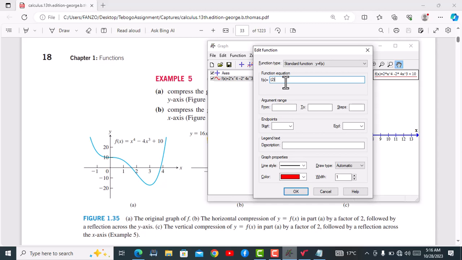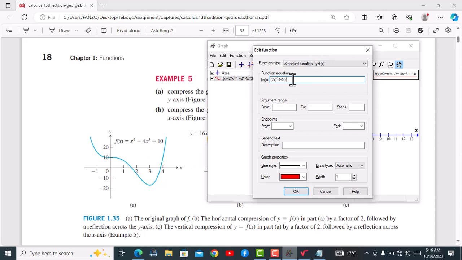So I'm going to have 2x to the exponent of 4, and then I will have my minus 4, and where I see x I'm writing 2x.